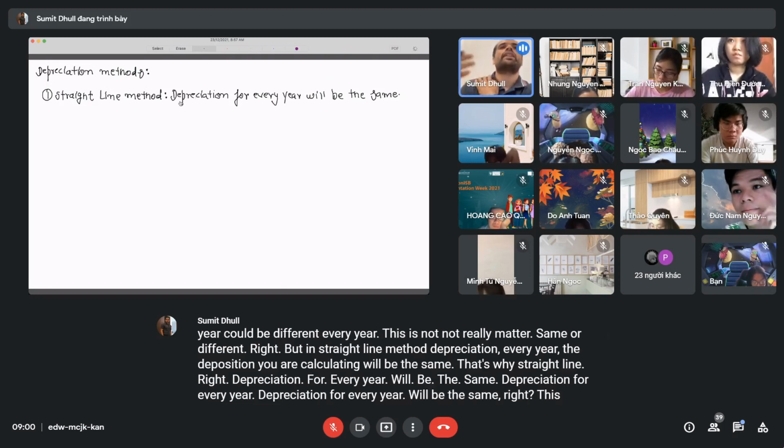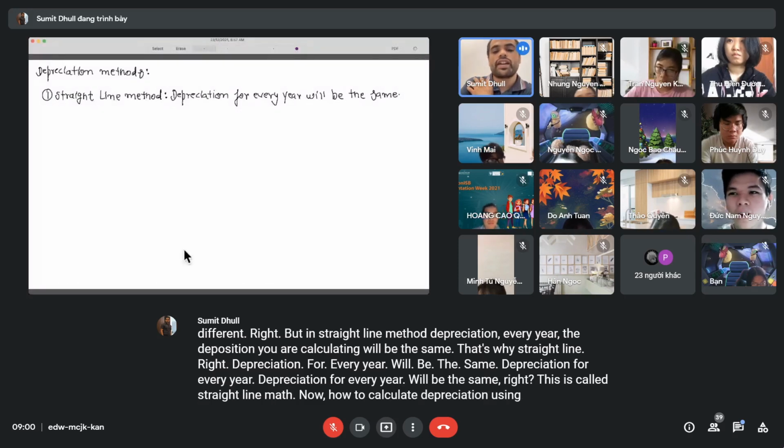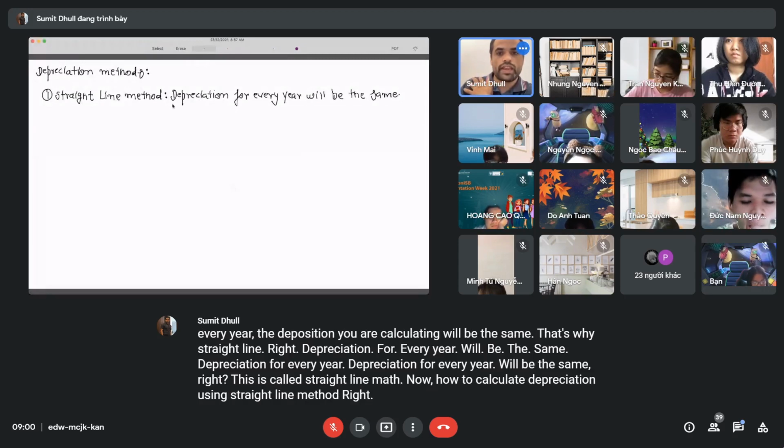This is called the straight line method. Now, how to calculate depreciation using the straight line method? We have a formula.